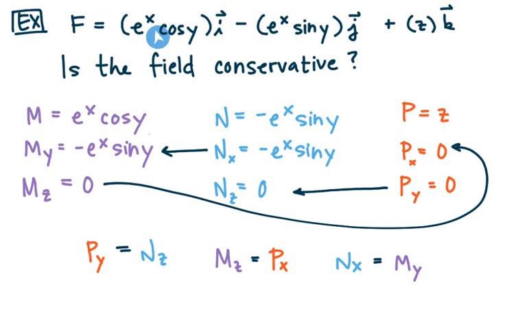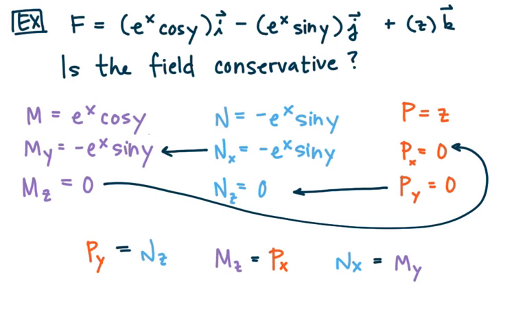When I was taking the partials, this was my first, or in a sense, x term, and I took the partial with respect to y and z. I had my second, or we could say y term, and I took that partial with respect to x and z. And then my third one here, this was my z term, and I took the partial with respect to x and y. So I hope that helps you to visualize.